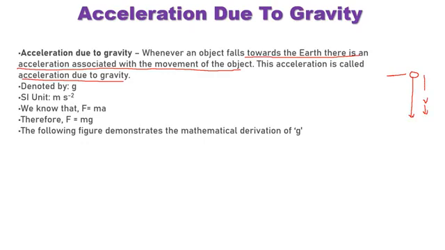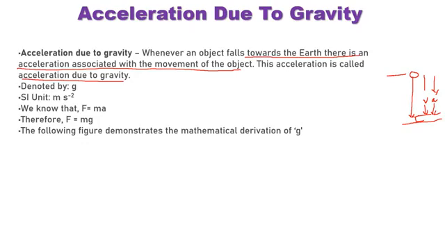Velocity is increasing, so acceleration is also increasing when the body is falling down, and closer to earth, when the body is closer to earth, the acceleration is more.